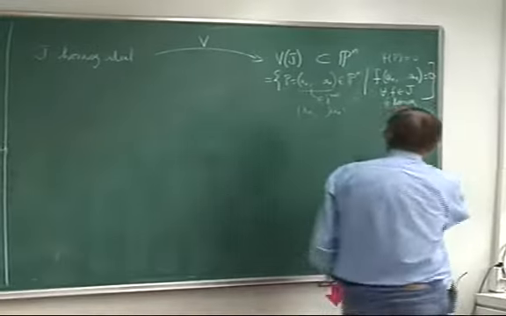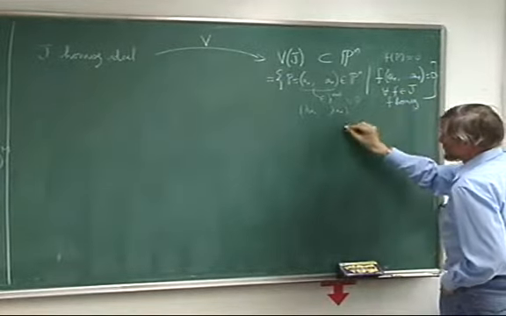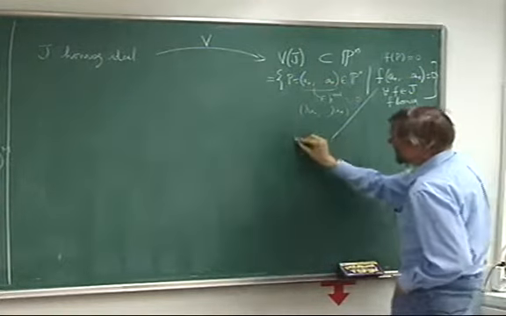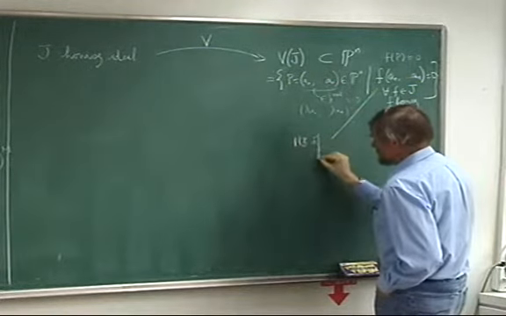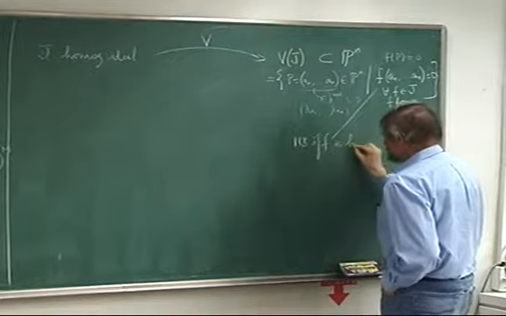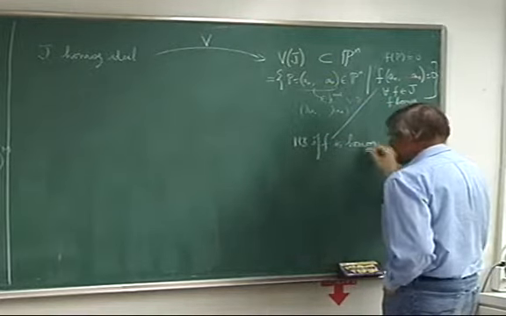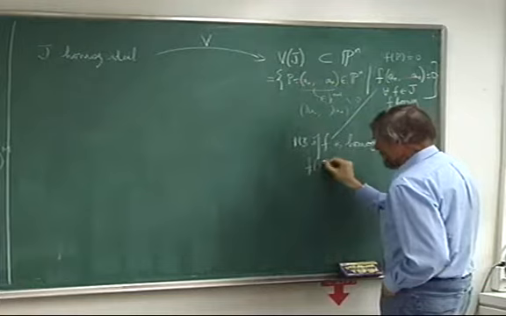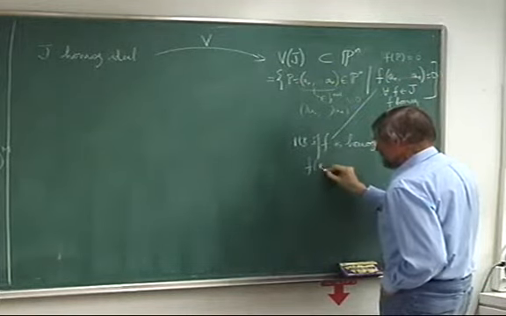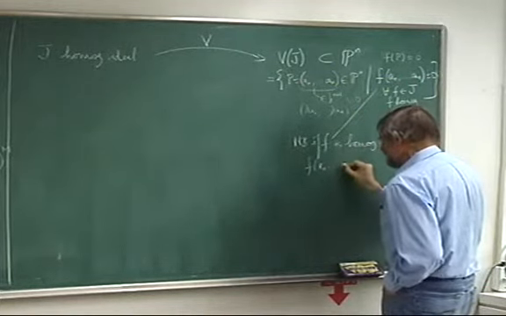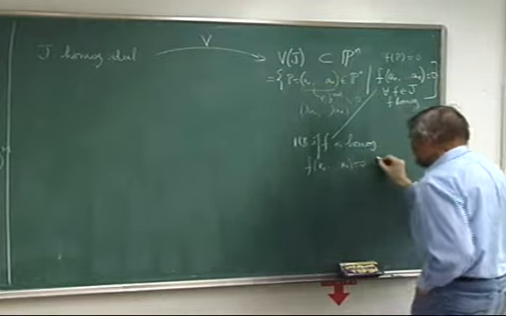Right? So NB, if f is homogeneous, then f of P, f of a naught up to an equals 0 is well defined.